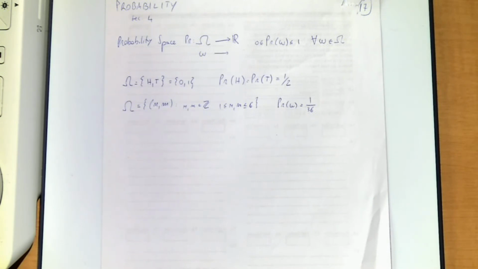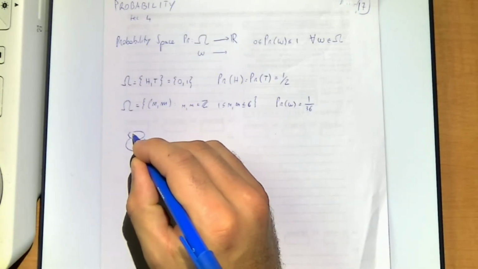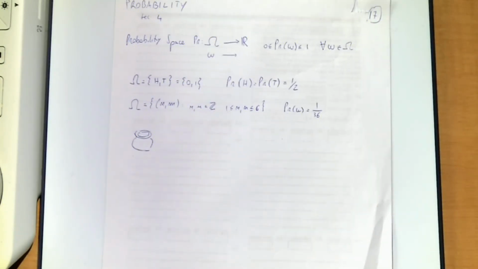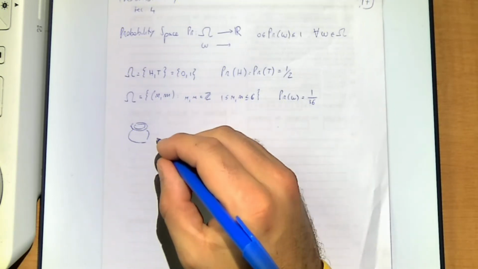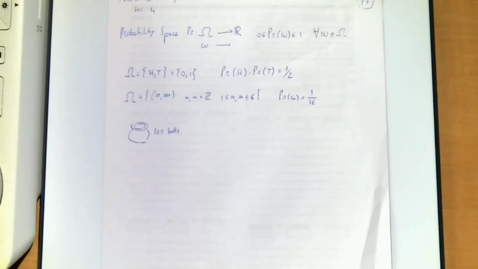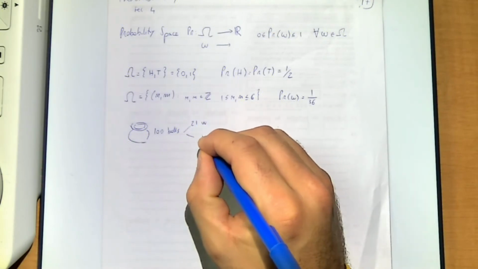Okay, so let's see a couple of examples now to start counting. Suppose that you have, for example, an urn. It's my poor excuse of a drawing, where you draw from a pot, and it contains 100 balls, and you're drawing things out, and say that 21 are white and the rest are black.